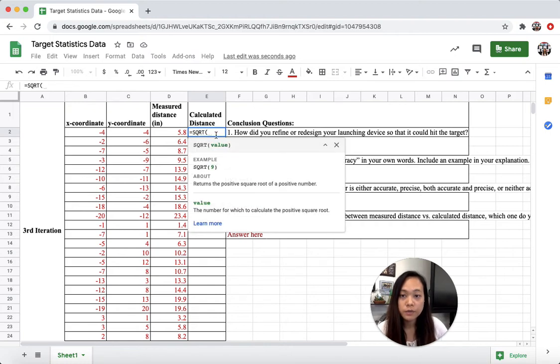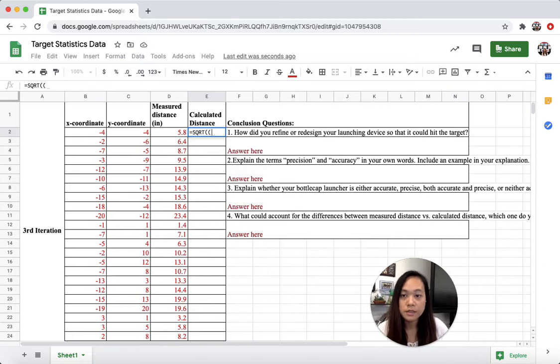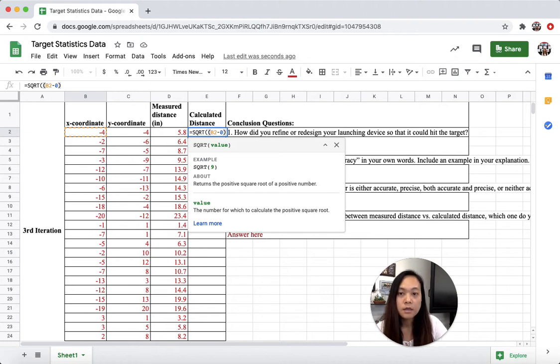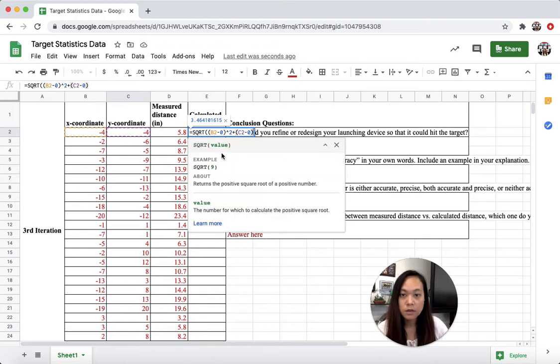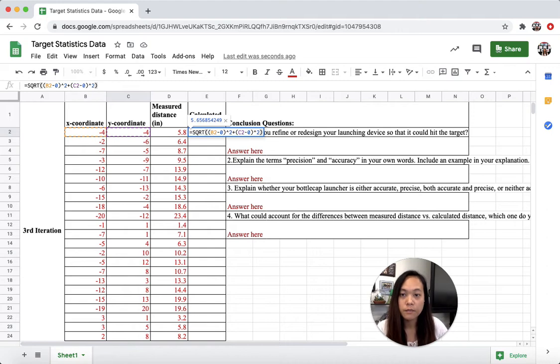SQRT, the square root of, then you're going to put another parentheses. You're going to take the x coordinate, minus the x coordinate of the origin, close the parentheses, the caret squared, and then you're going to add it to the y coordinate, take away 0 because you're going from the origin, and you put the caret again, square it, and then you close it up, and you hit enter.